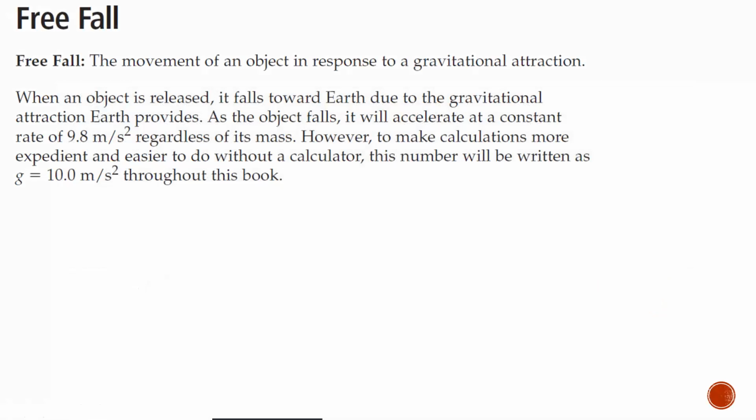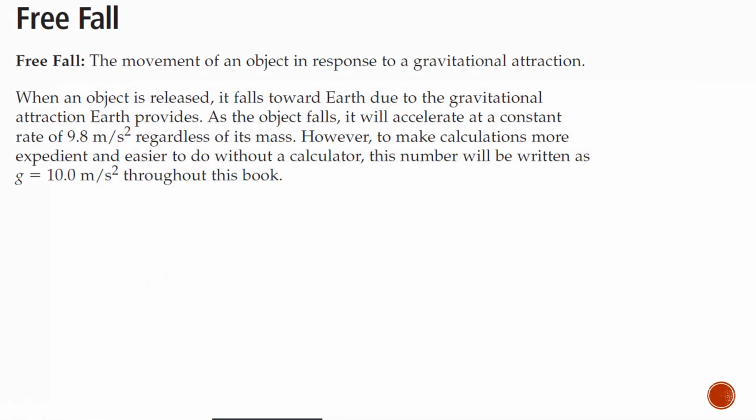So now, what is free fall? Free fall is the movement of an object in response to gravitational attraction. When an object is released, it falls toward Earth due to the gravitational attraction Earth provides.